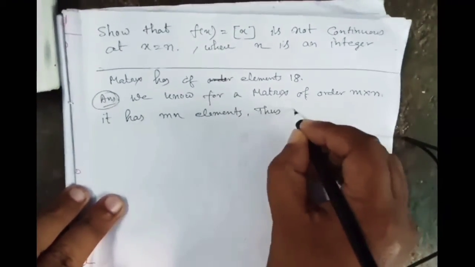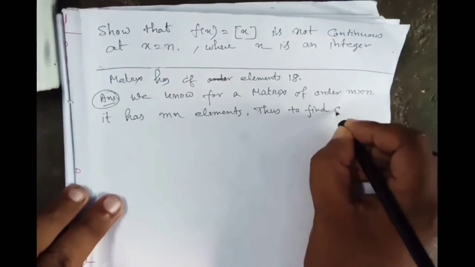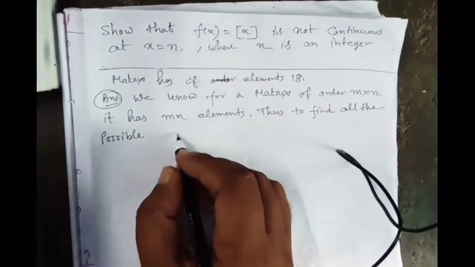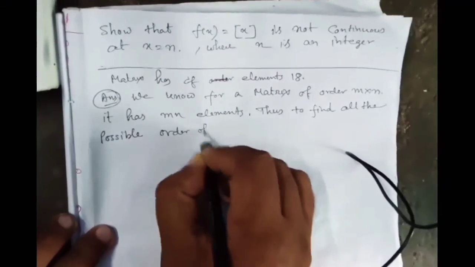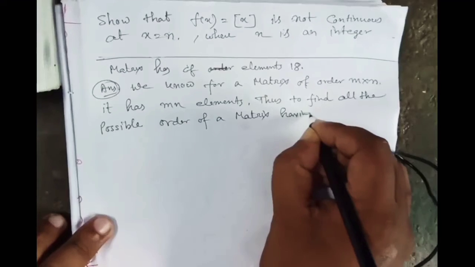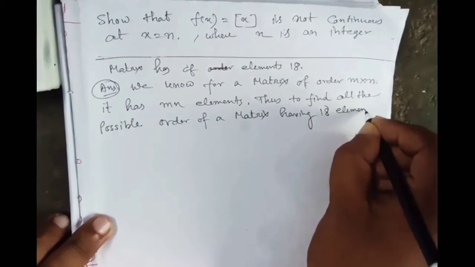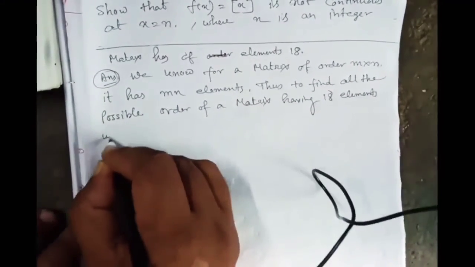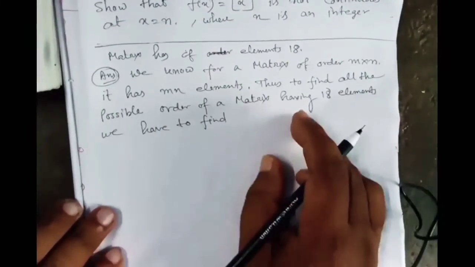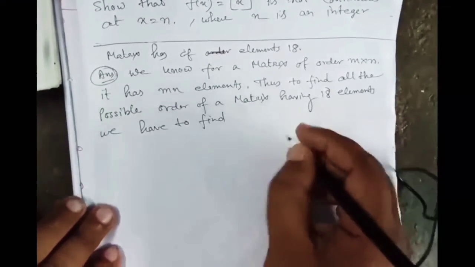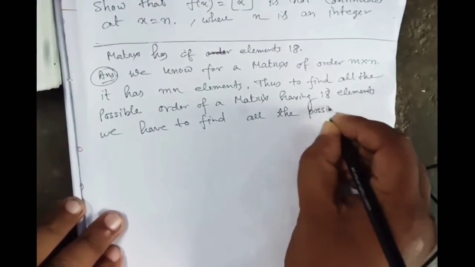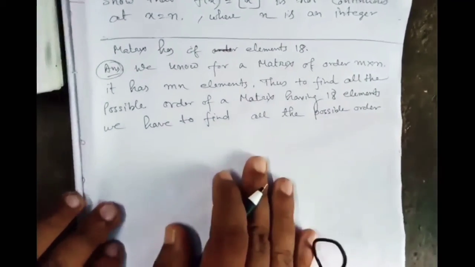Thus, to find all the possible orders of a matrix having 18 elements, we have to find all the possible order pairs.